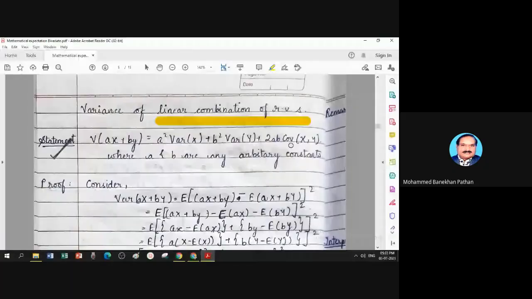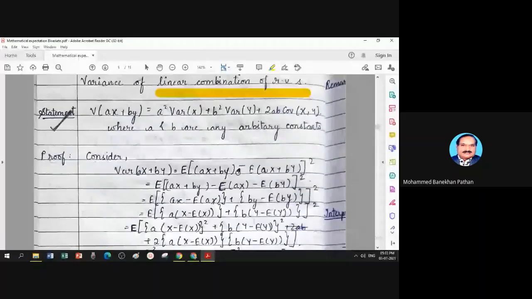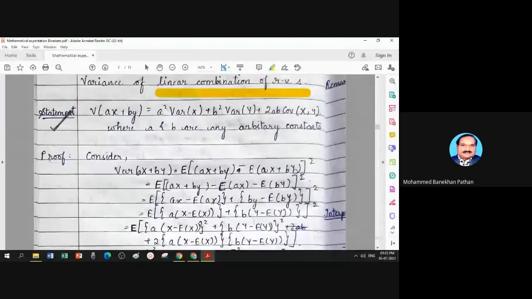Let us see how to prove it by starting on the left side. Variance of aX plus bY is expectation of aX plus bY minus expectation of aX plus bY, whole square. The original definition from first semester, where variance of X equals expected value of X minus EX whole square.